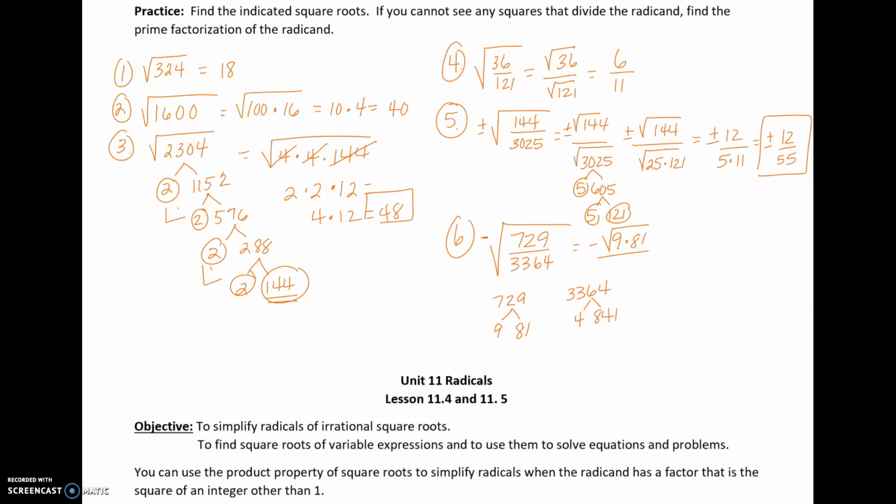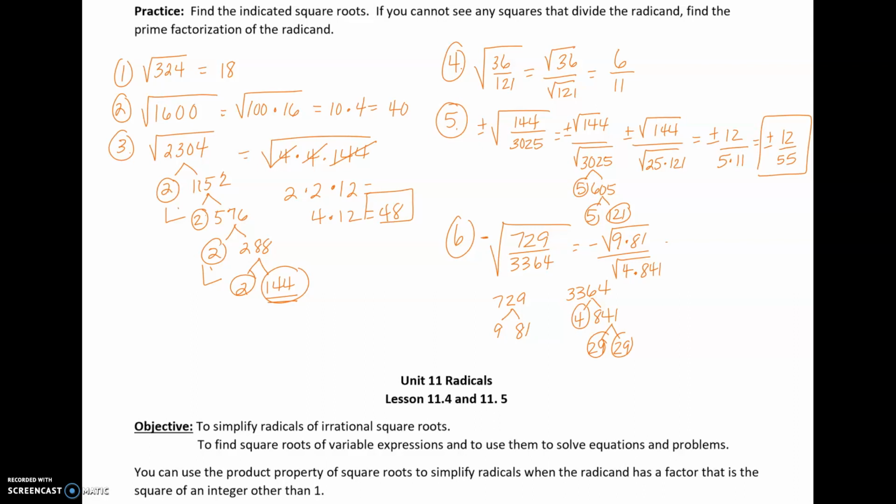And then I know that I can break down 841 again into, looks like it is, is that a 29 times 29? 29 times 29. So then from there, I have 4 and 29 squared, really. So I'm going to just call that 4 times 29 times 29, which is 841.